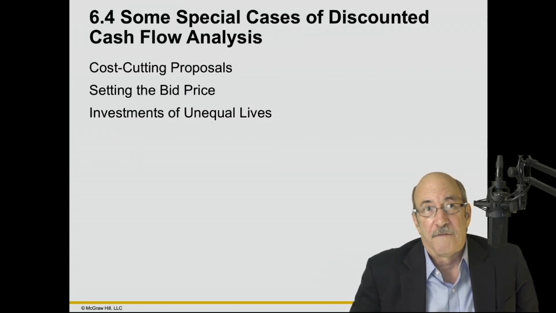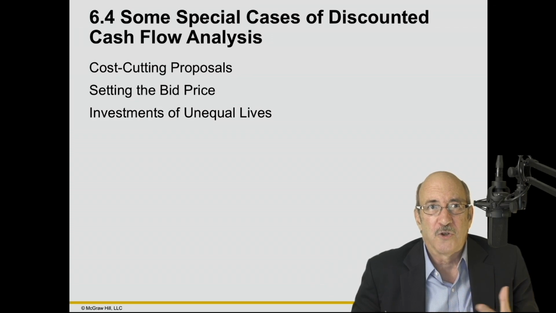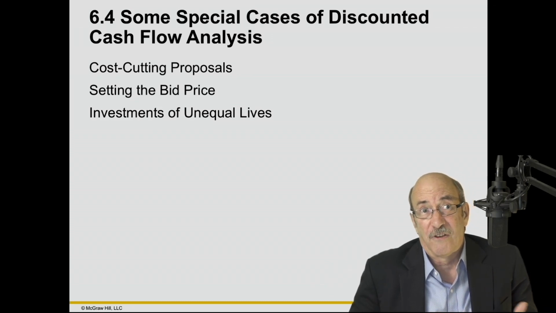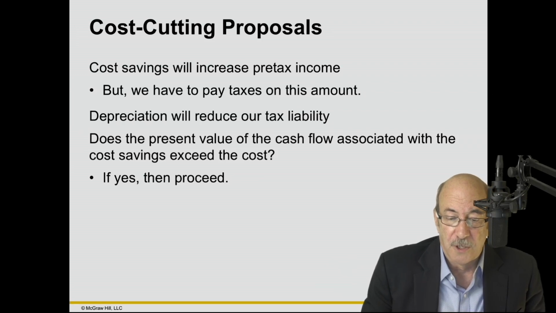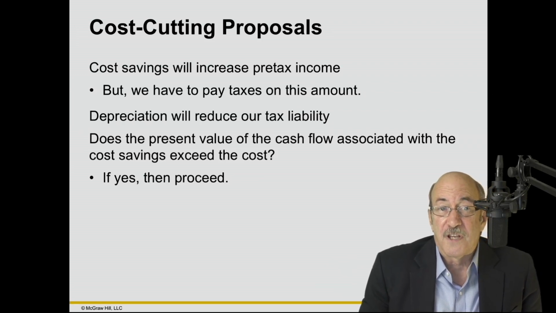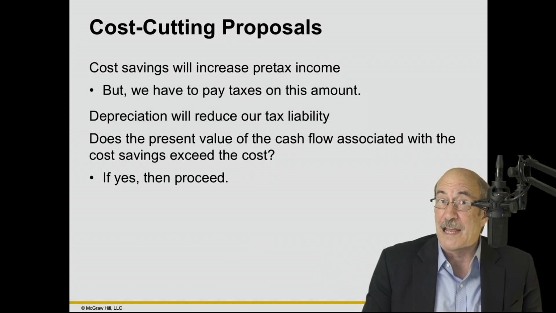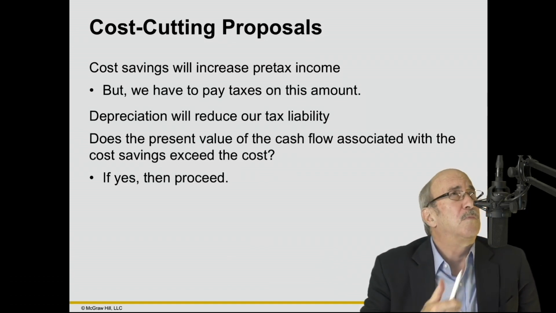And then finally, the third item that they wrap the chapter up with is figuring out how do I deal with comparing two projects that have different lengths of lives with them. So in terms of cost savings will increase pre-tax income.